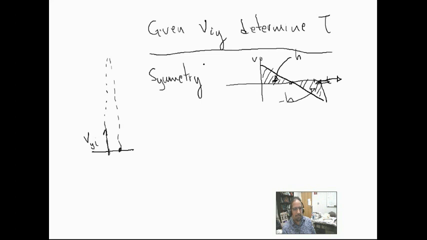By symmetry, because these two triangles have to have the same area and they are determined by the same line with a constant slope, then this time here is going to be t over 2 and this is going to be t over 2. So the point is that going up it's going to take time t over 2 and down it's going to be time t over 2.